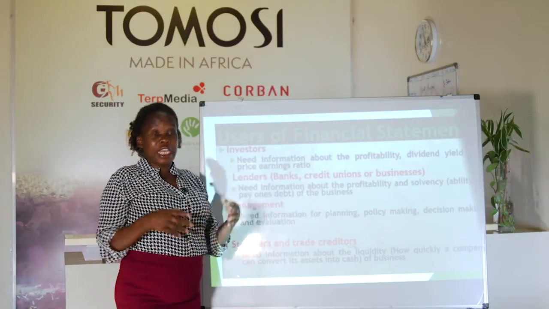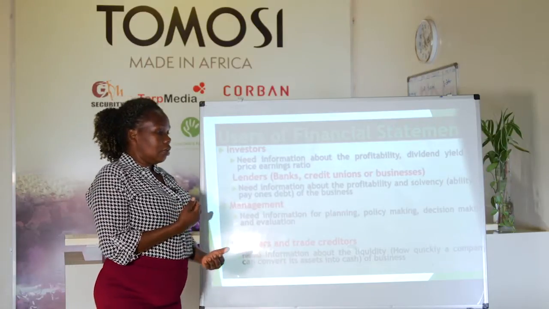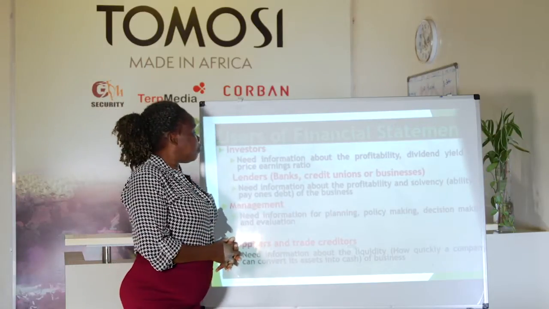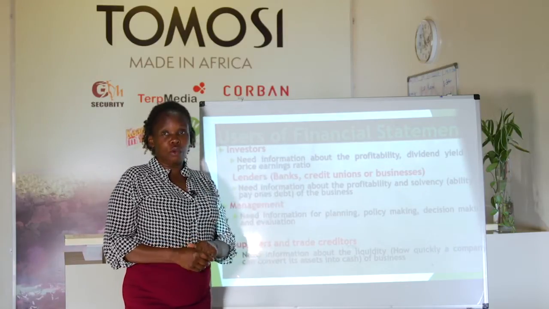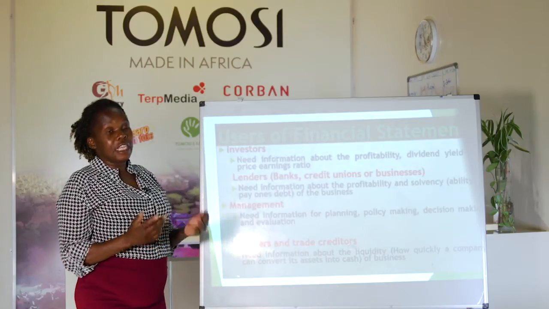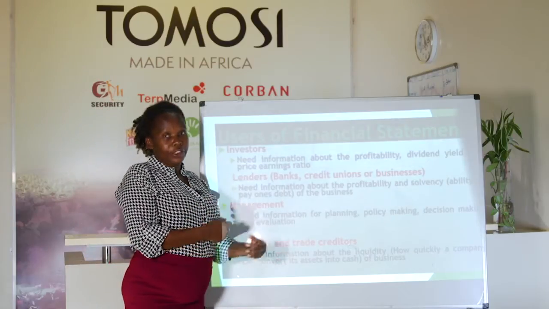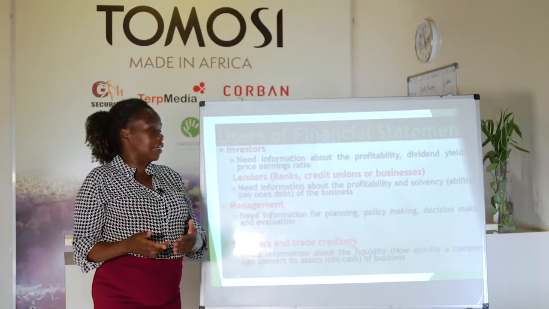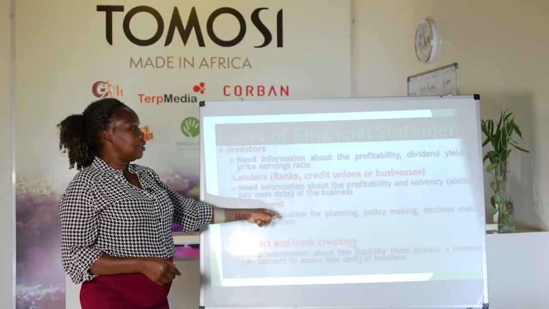But they don't just take any asset. The bank will look at your financial report and say, your profitability is low, but what assets do they have? They will not just take any asset. They want an asset that can easily be turned into cash, that is easily sellable. That's why they talk about the ability to pay back.